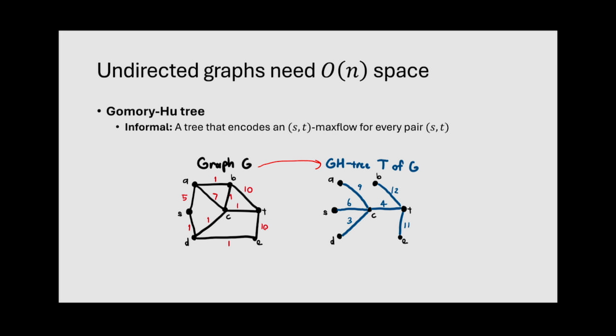I will not go into the details of this. The point is that the space of this tree is n, because a tree has n minus 1 edges. Okay, that's good. So there seems to be a dichotomy.